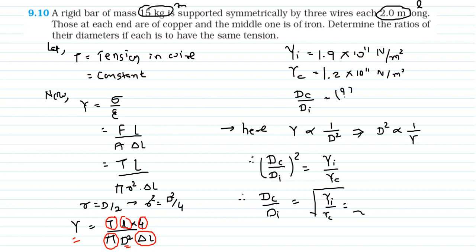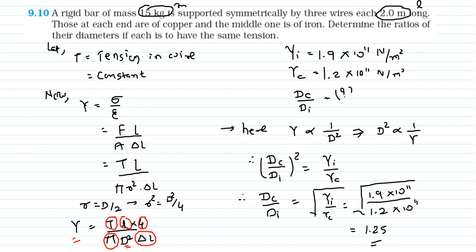That is what? Root of yi, that is 1.9 into 10 raised to 11 upon 1.2 into 10 raised to 11. So when you solve this, then your answer will be 1.25. What is your answer? 1.25.